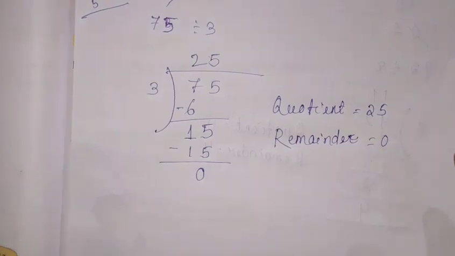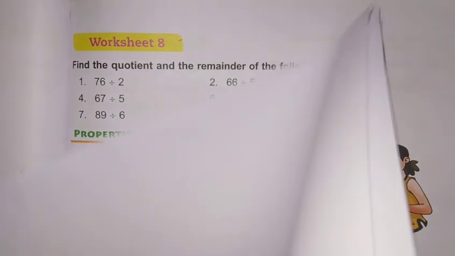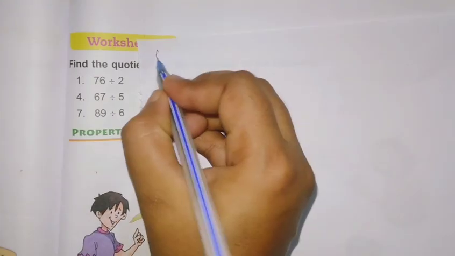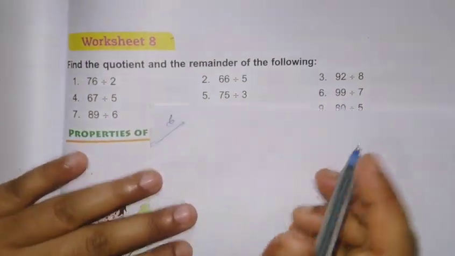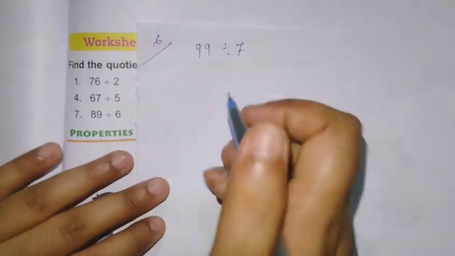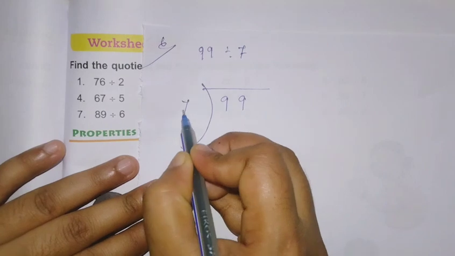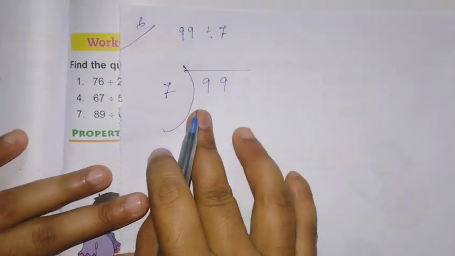Now solve question number 6. 99 divided by 7. First we divide the tens place, 9.